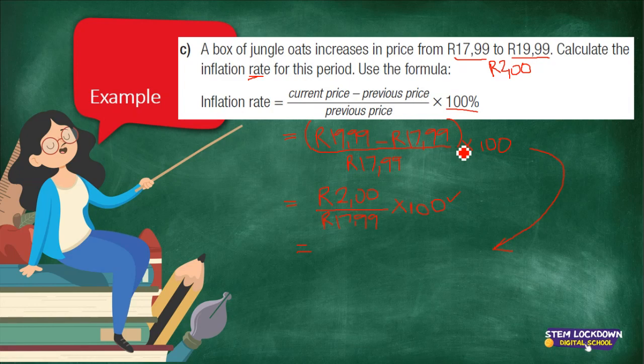Otherwise, your answer will be incorrect. Remember, the calculator has a mind of its own, right? It uses BODMAS. So if you are subtracting and then dividing, the calculator will first divide before subtracting, and then your answer will be incorrect, whereas you have to subtract first before dividing, right?